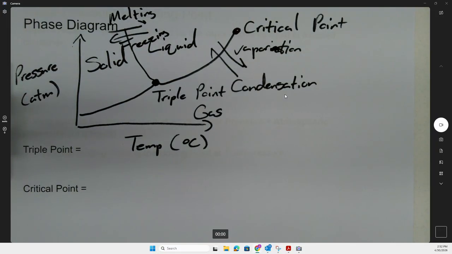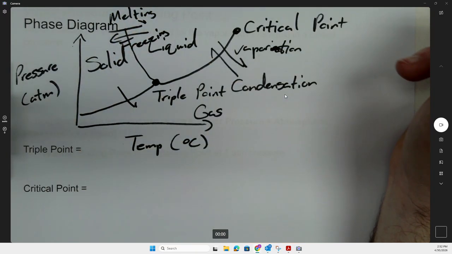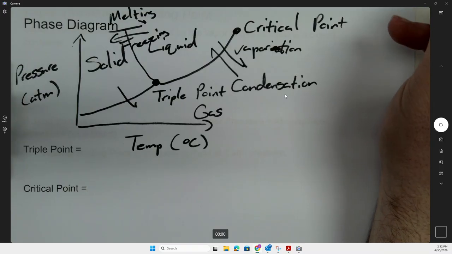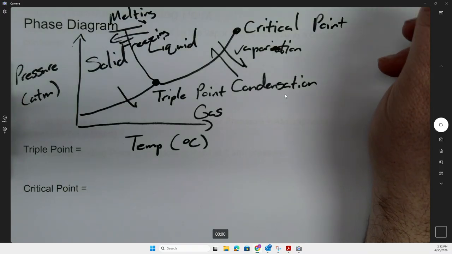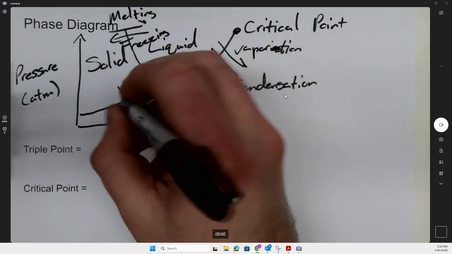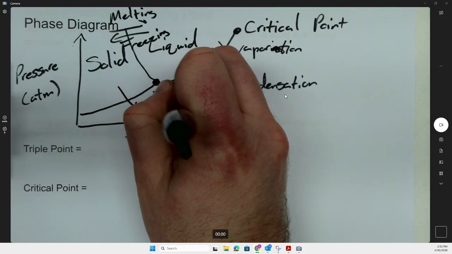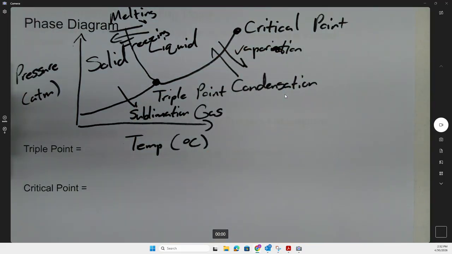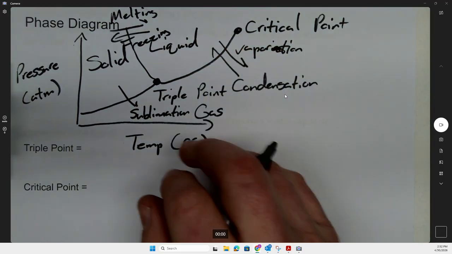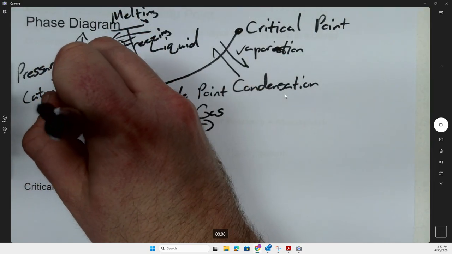You don't get a breeze on this one. If I go from a solid straight to a gas, what do we call that? Start with an S. Sublimation. And if I'm going from a gas to a solid, deposition.